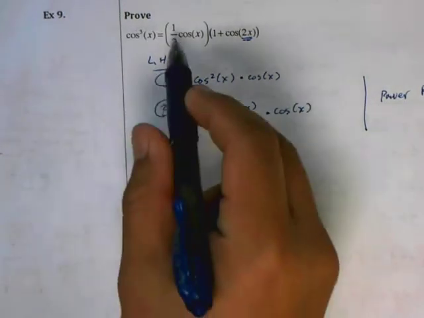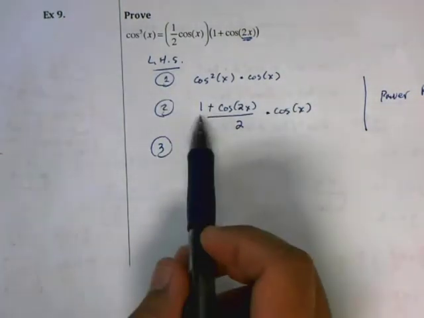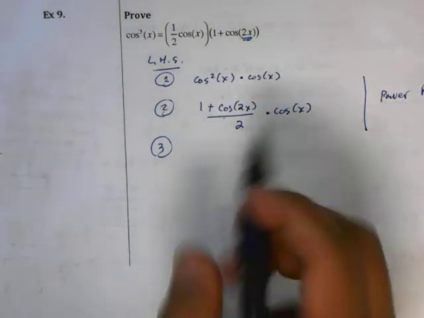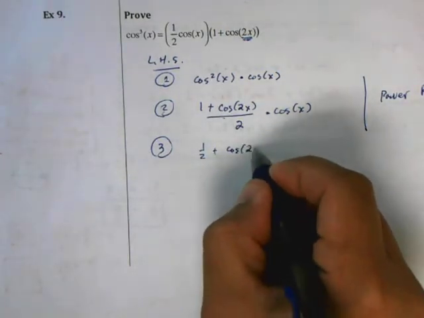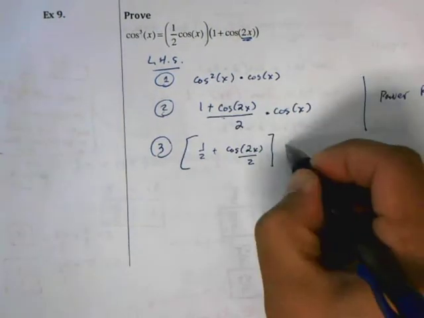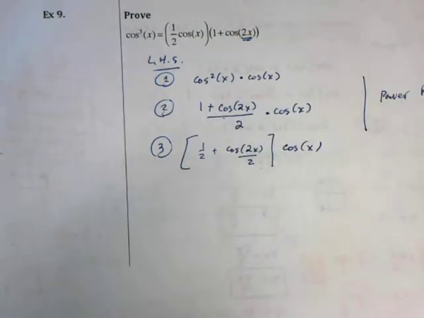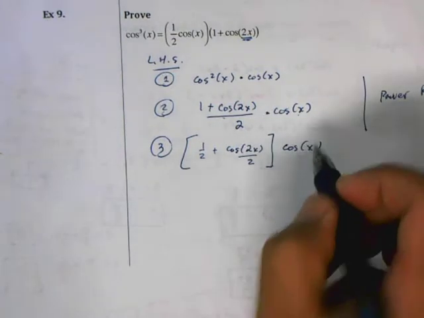We almost got what we want on the right-hand side. What I'm going to do here is break up this entire fraction into 1/2 plus cosine of 2x over 2, the whole thing multiplied by cosine of x.